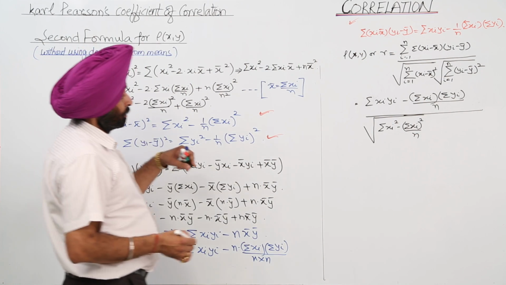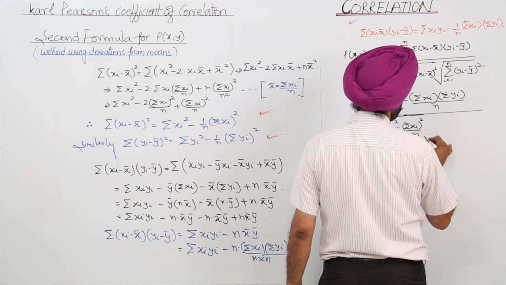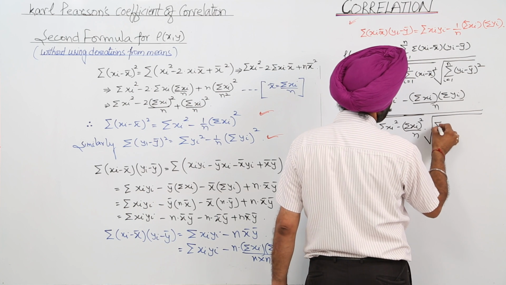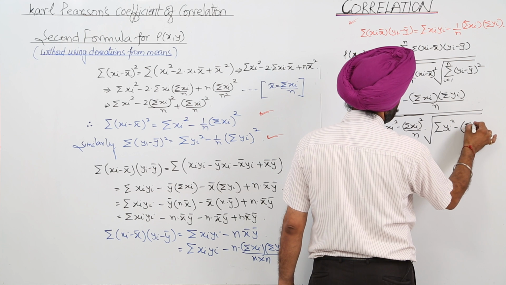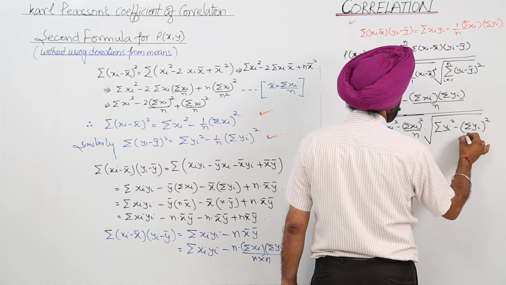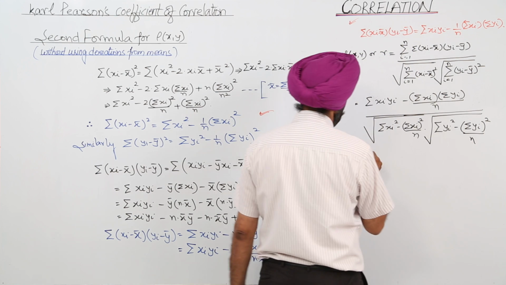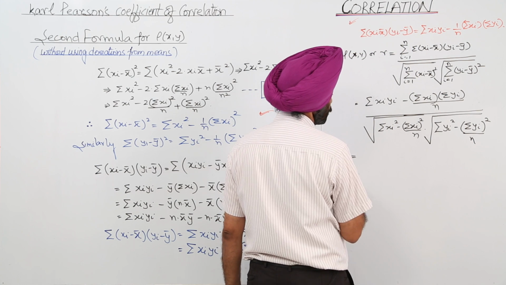Is it clear? With, similarly for yi, summation yi square minus (summation yi) whole square upon n.